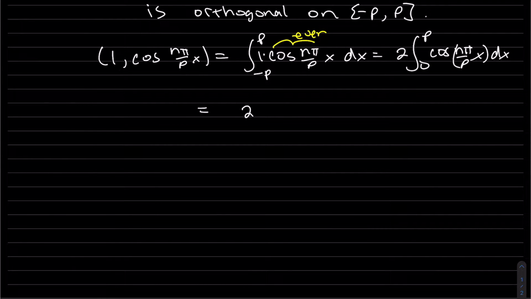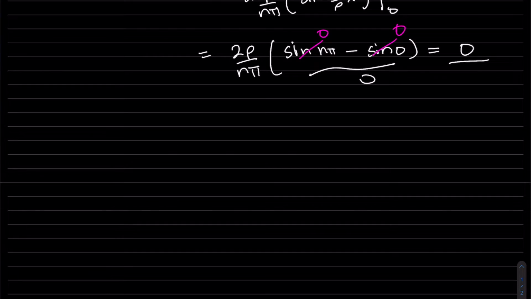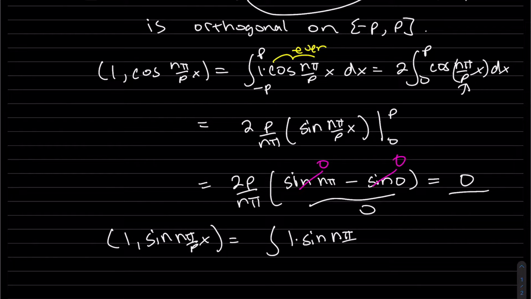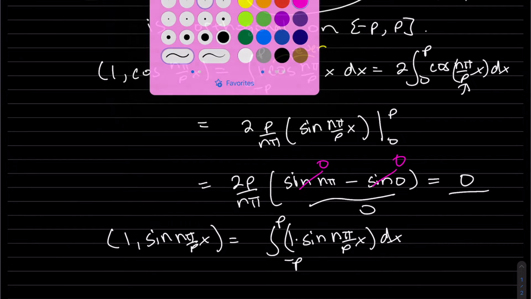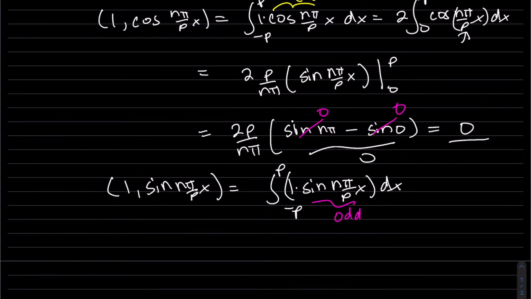So this is 2, and since it's an integral, we have to divide by that, times p over n pi, sine of the same angle. So the product is 0. Now let's do these two. We do know this is odd. 1 is even. It's just really not there.